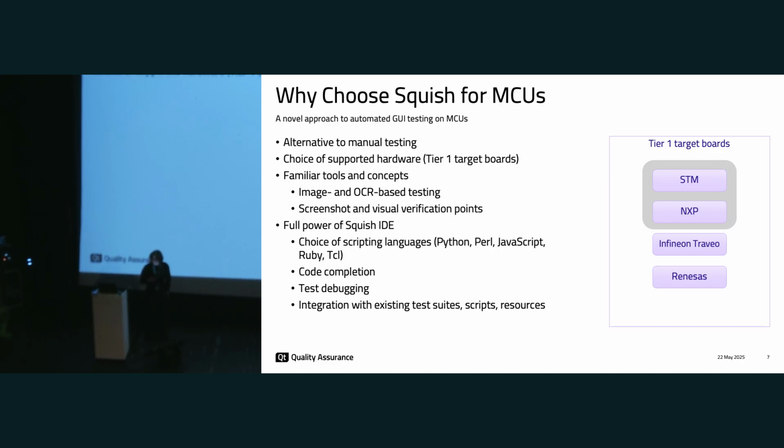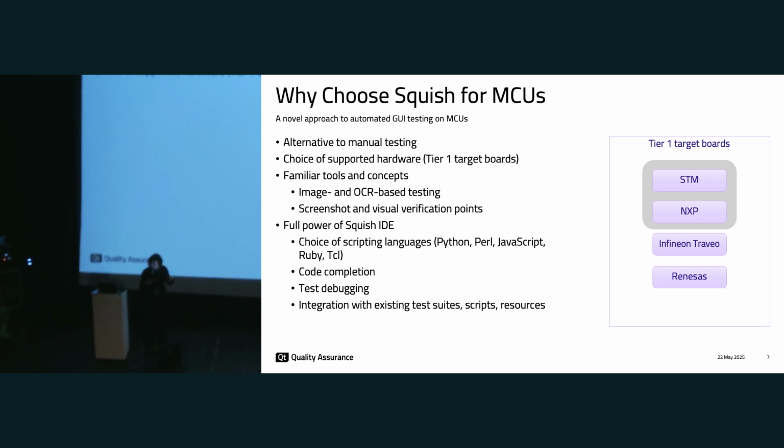We have some choice of supported hardware. We have those so-called Tier 1 target boards. Those are the MCUs that received the highest level of support from the Qt company, from the Qt for MCUs team.